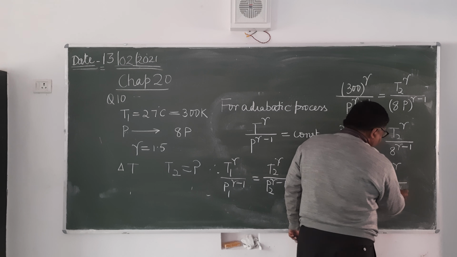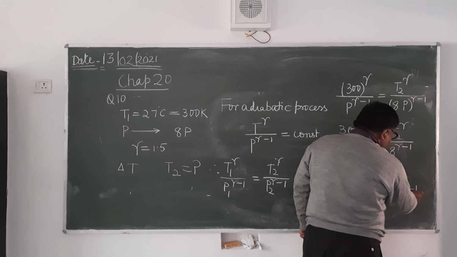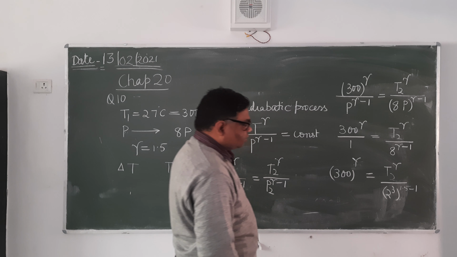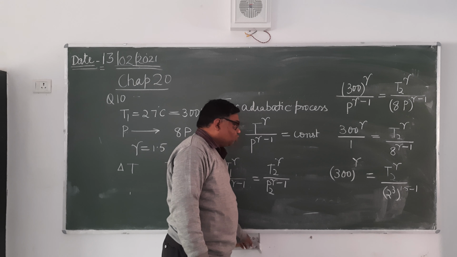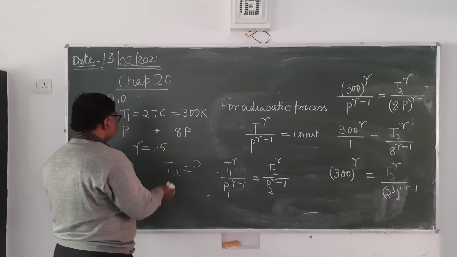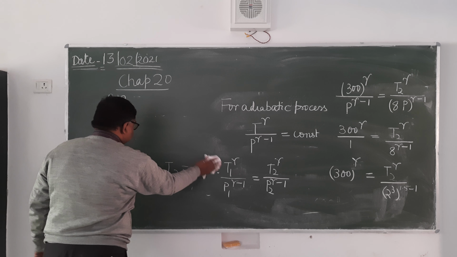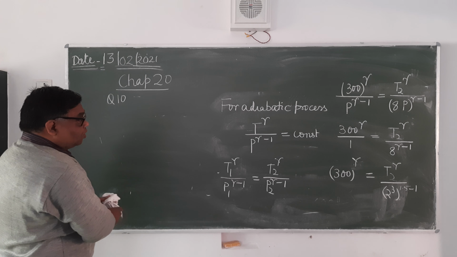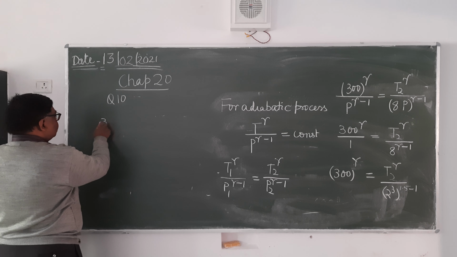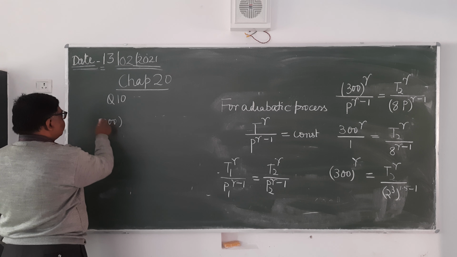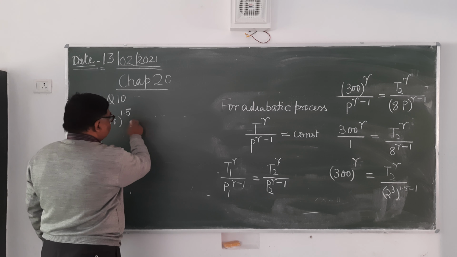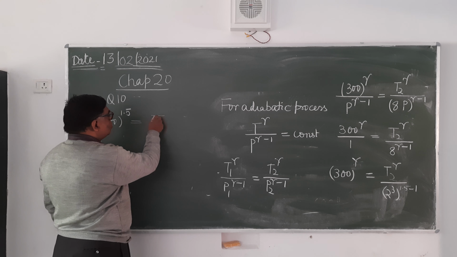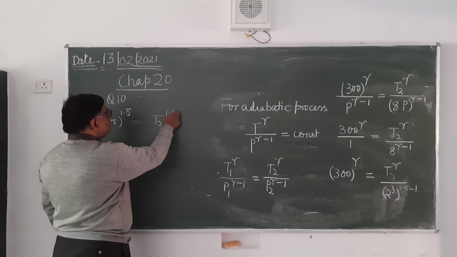Note this down. So 300 to the power 1.5 equals T2 to the power 1.5.